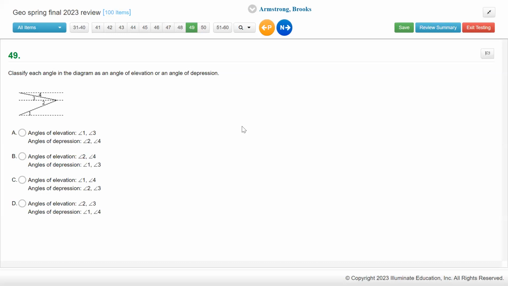Okay, sorry, 4 and 2 are angles of depression. See how they're sort of going down? 3 and 1 are elevation, they're sort of going up, depending on how you look at it. So it would just be this one, right?